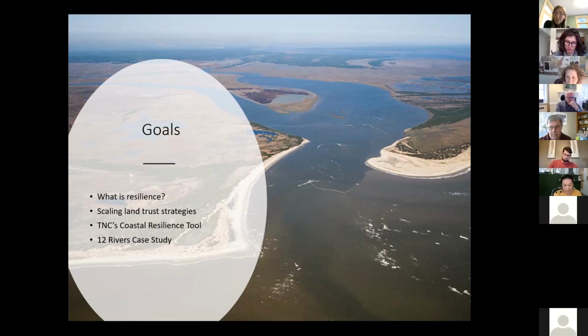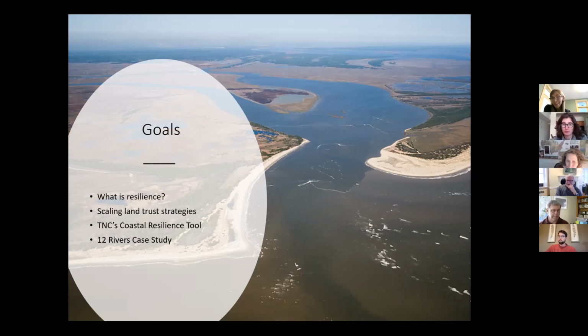We'll visit the TNC Coastal Resilience tool as one of the examples, but for those of you who've played with tools and coastal resilience, what you will likely say is that one of your greatest challenges is that there are so many tools out there to use and try to decipher and understand and apply.